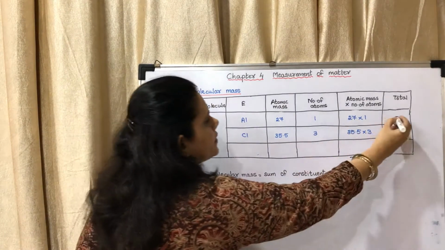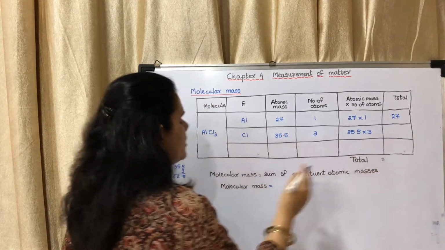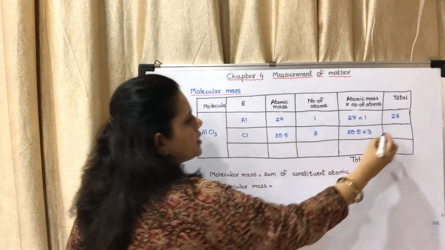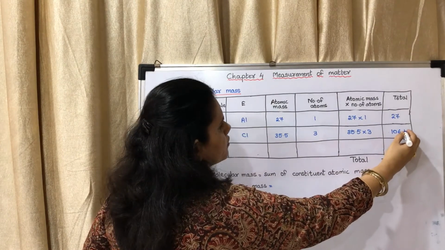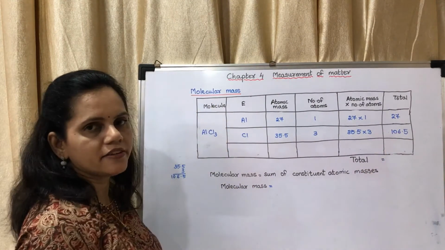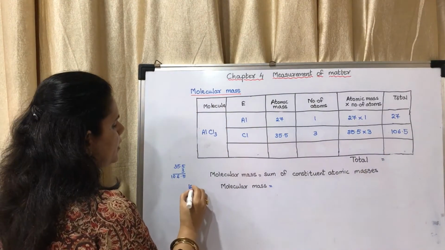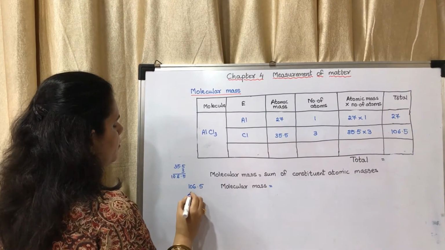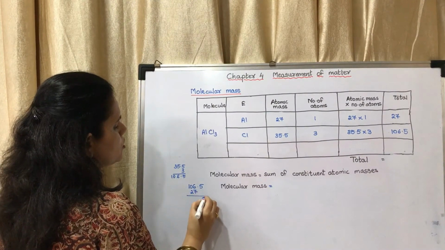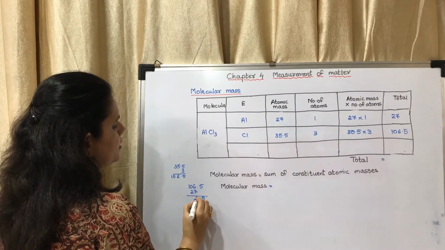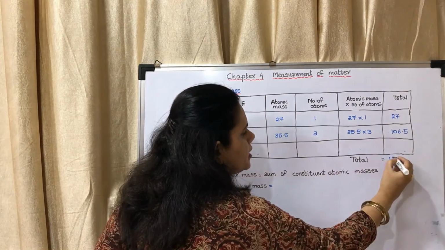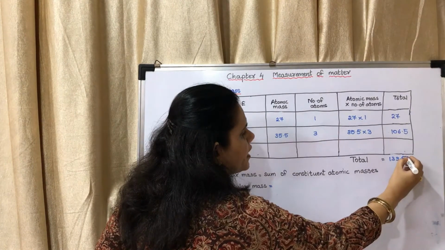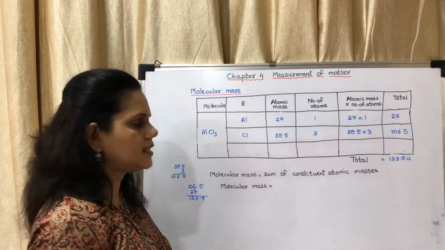Okay, 27 ones are 27 and 35.5 into 3 is 106.5. Now you have to add 106.5 plus 27, so it will be 133.5 units. Okay, that is Dalton.